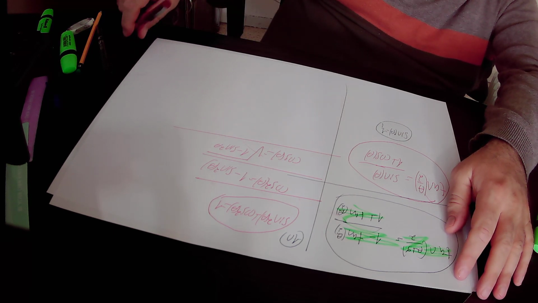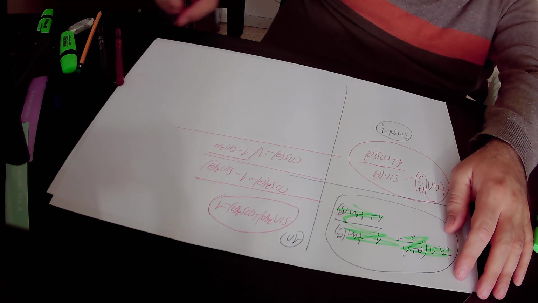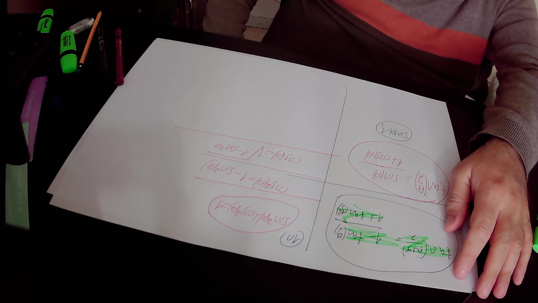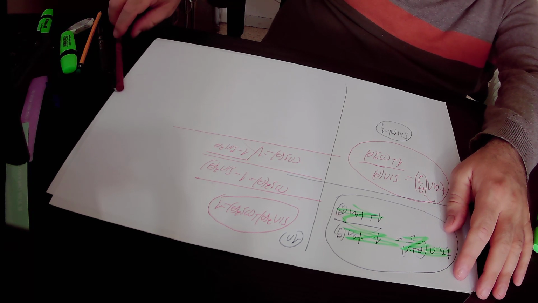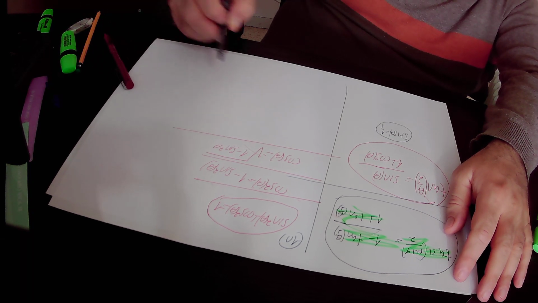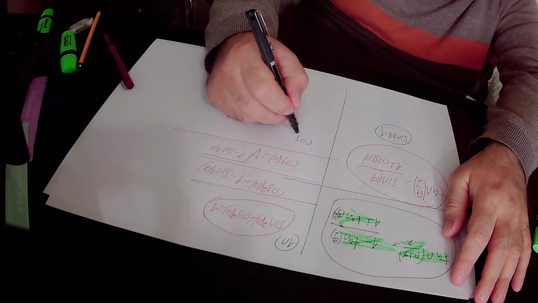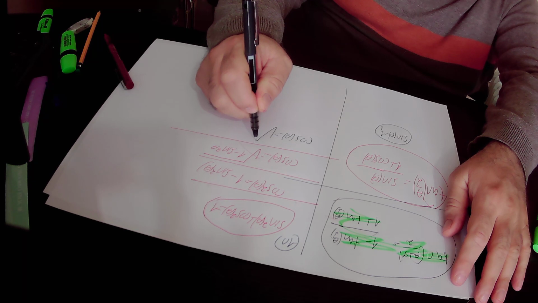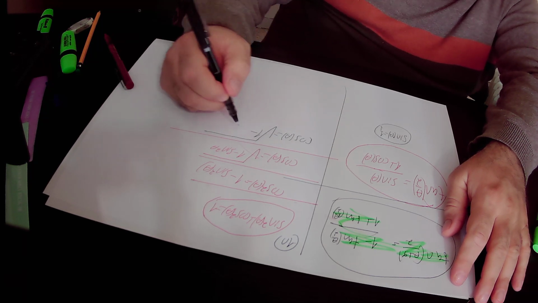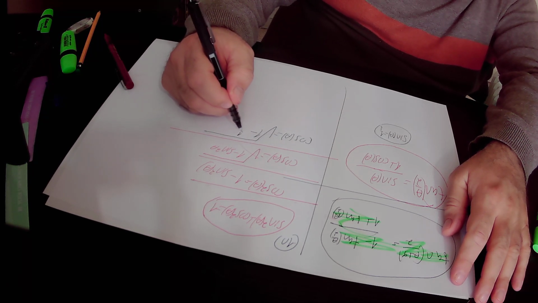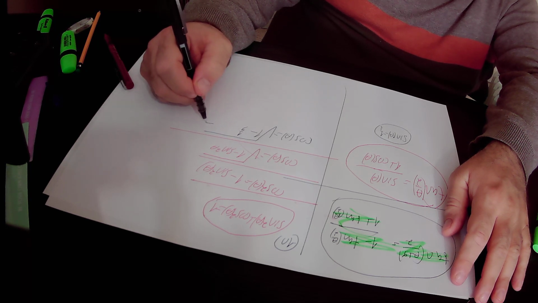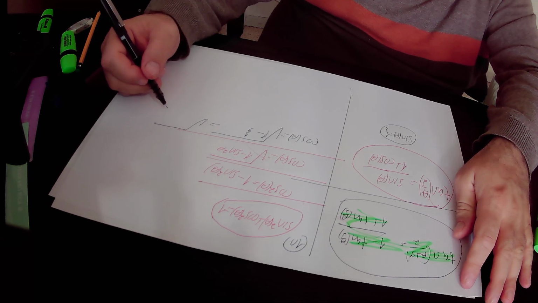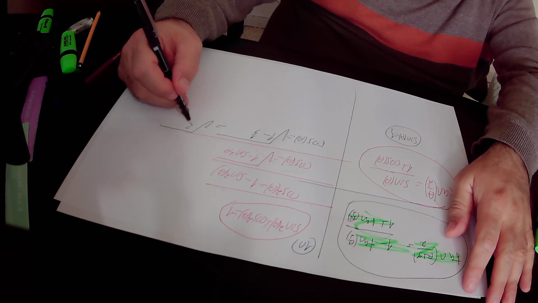So if sine theta equals 1 over 3, then sine squared theta will be equal to 1 over 3 squared, that is 1 over 9. So cosine theta equals the square root of 1 minus 1 over 9, which is the square root of 8 over 9.